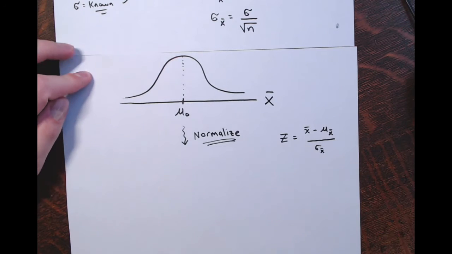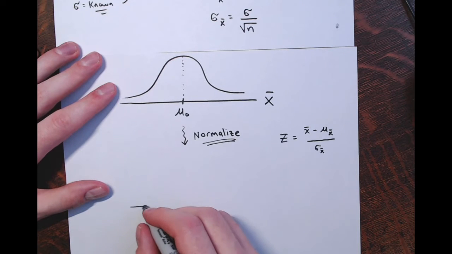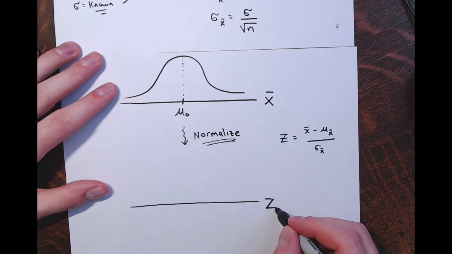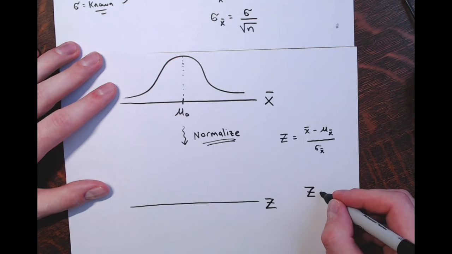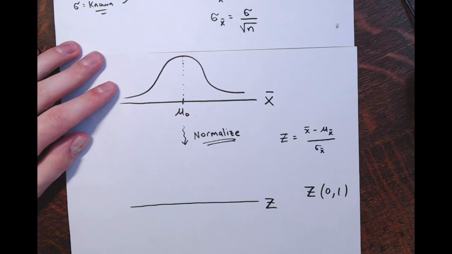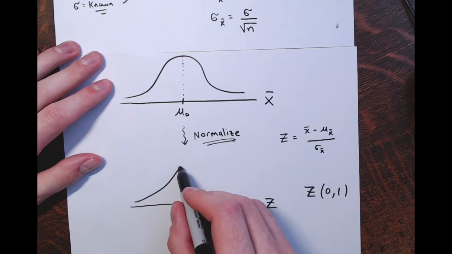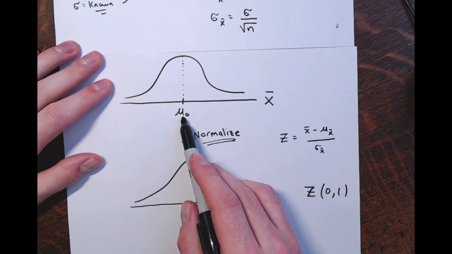A z-score is how many standard deviations away from the mean you are. So I change this to a standard normal distribution, where z has a mean of 0 and a standard deviation of 1.